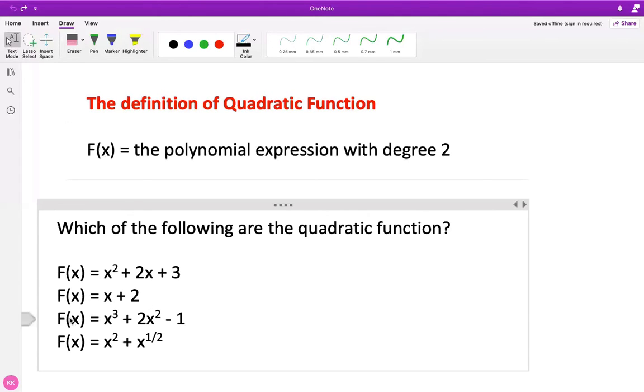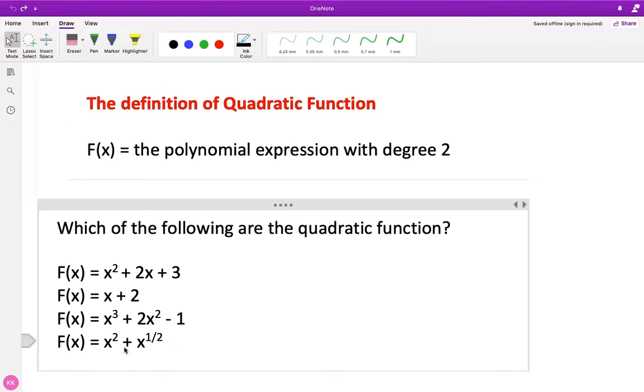What about the next one, x cubed plus 2x squared minus 1? The highest exponent in this polynomial function is 3, so we cannot say this is a degree 2 function. For the last one, we have x squared plus x to the power 1 over 2. The highest exponent here is 2, but we cannot say this is a quadratic function.